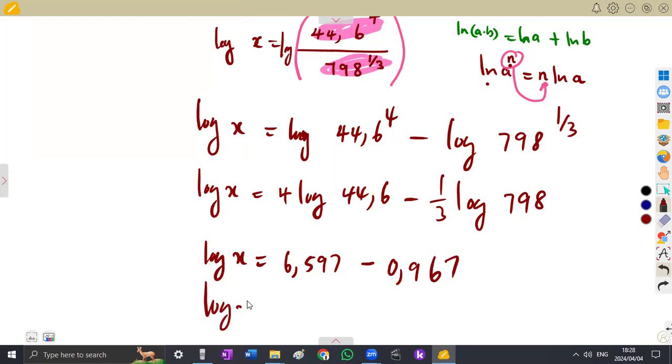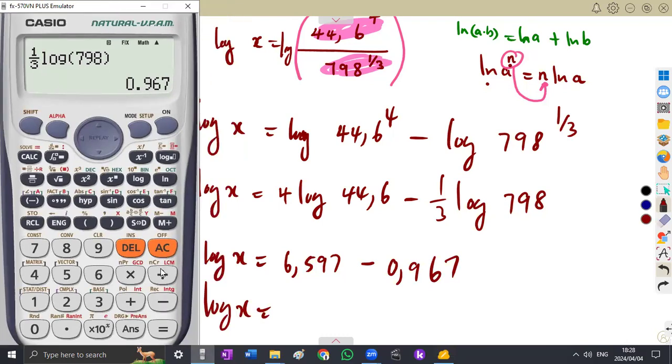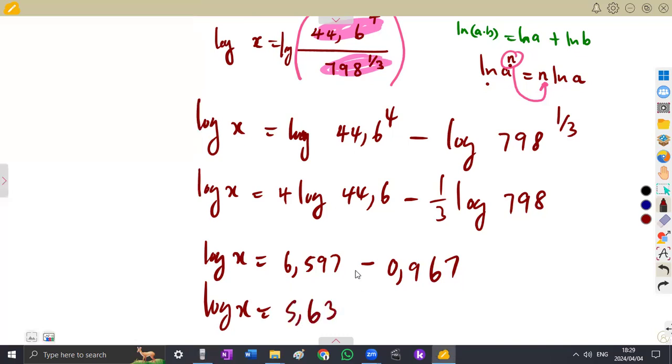So the logarithm of x is equal to the difference that we are having here, 6,597 minus 0,967. So this is going to give us 5,630.